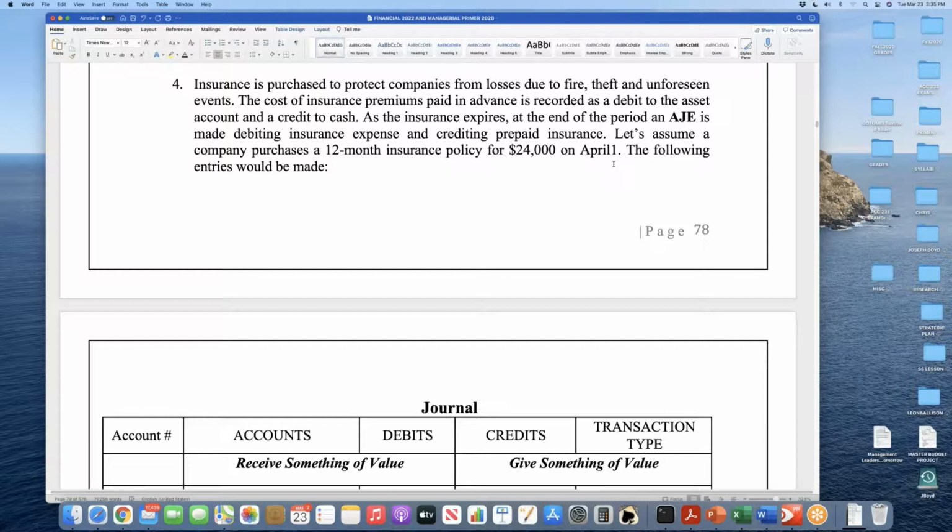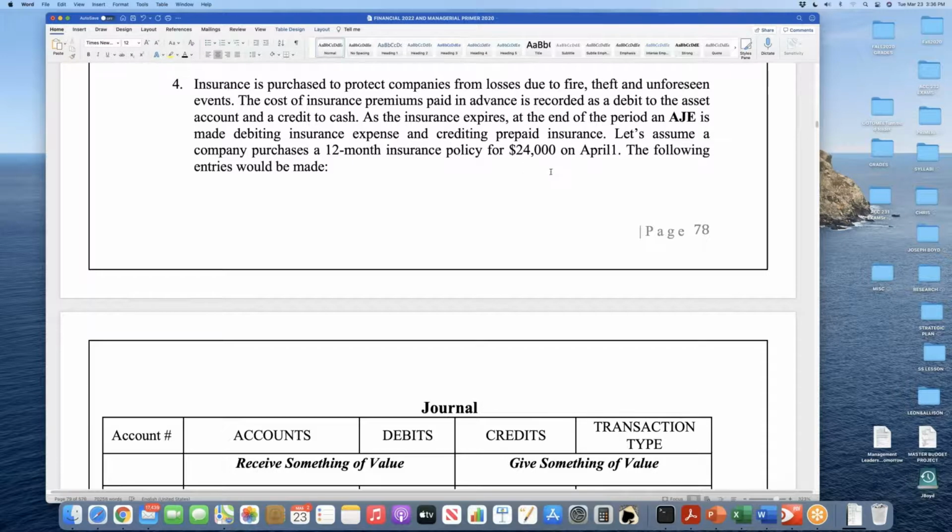That's like 8. April. 9. Thank you. So you got to count. It's April 1st, so you got to count that month. So on December 31st, 9 months of this insurance is gone.